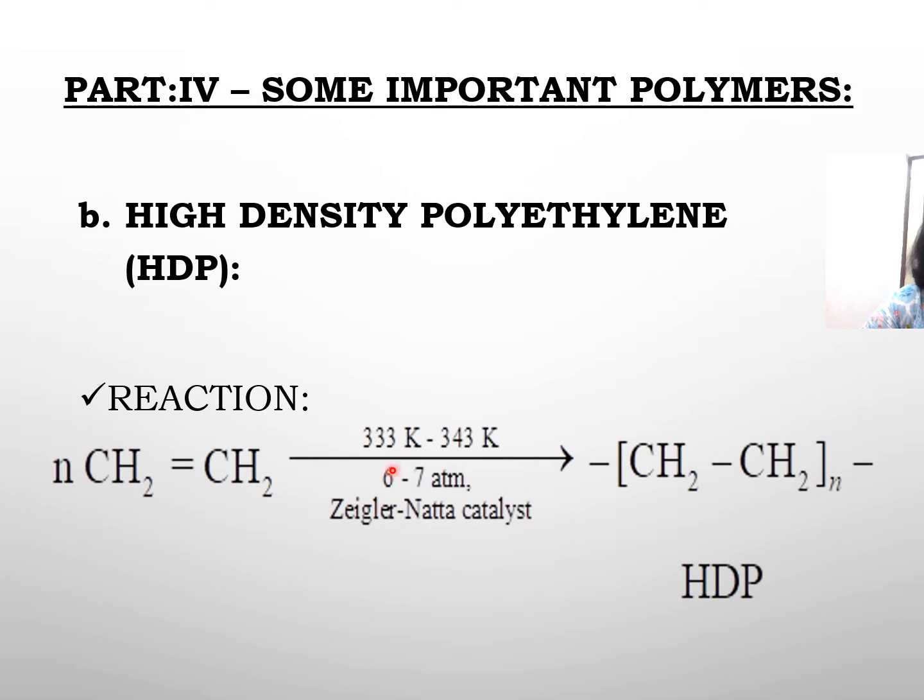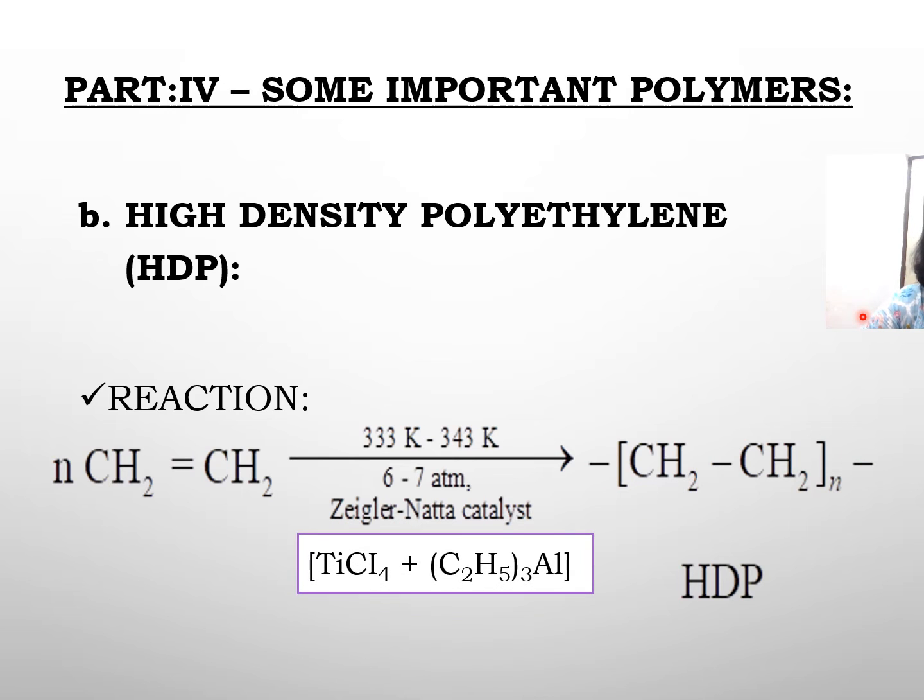So why is such less pressure used? Because you are using the Ziegler-Natta catalyst. The scientists Ziegler and Natta prepared a catalyst in the presence of which the pressure required becomes less and the harder polythene is formed. So what is the Ziegler-Natta catalyst?